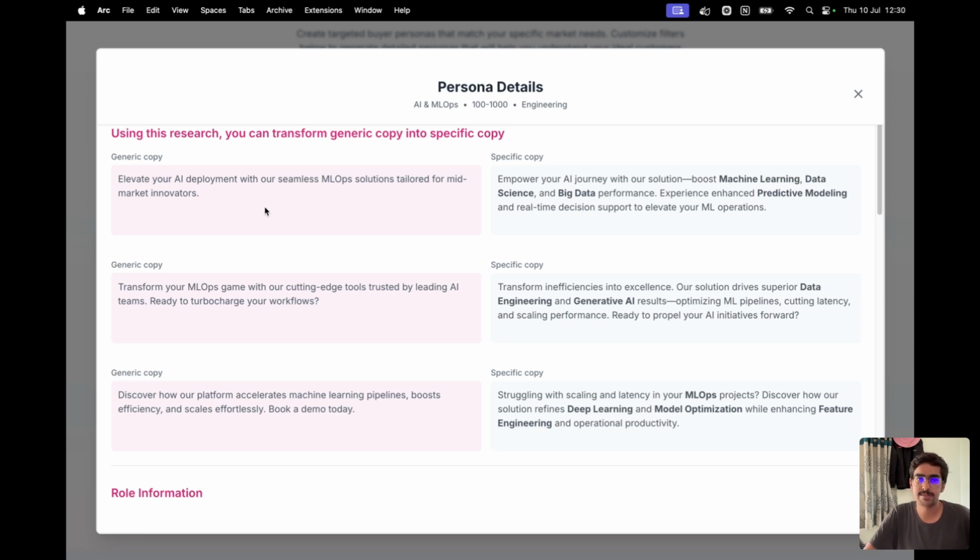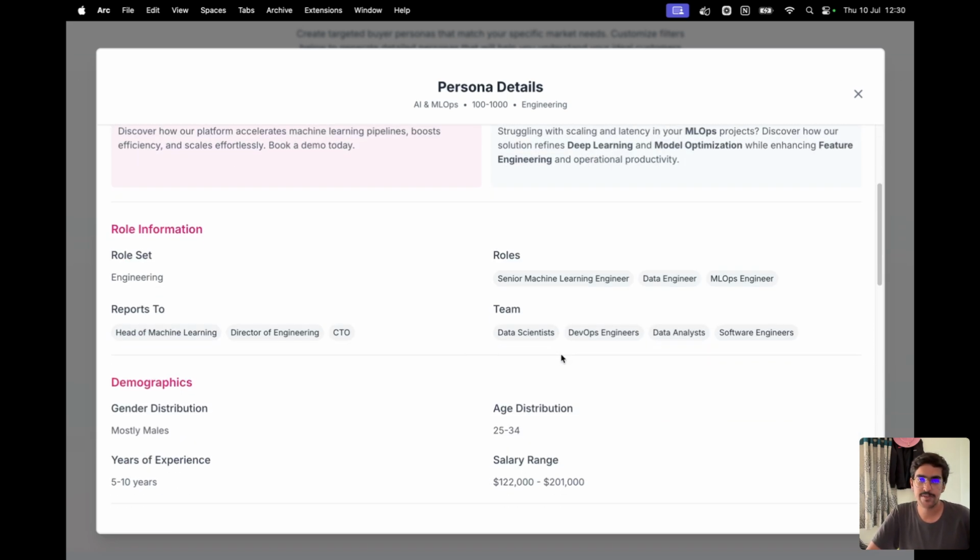So on the left, there's some generic things, like if you did not have access to this tool, you would probably write this, but using this tool, you can write something like this, which is more targeted to them and has more keywords, more specific things that they do that you can include in this. So that's the point of the tool. There's three examples for each and every persona that we've given you, and you can take a look at them. You can use those examples also if you want. But yeah, they're examples.